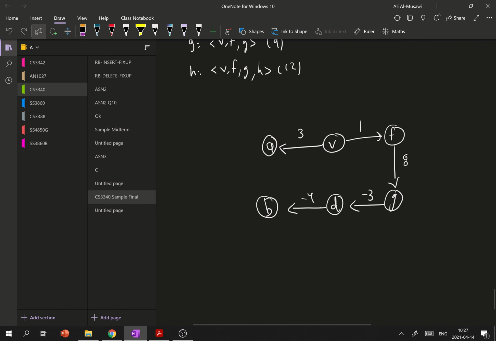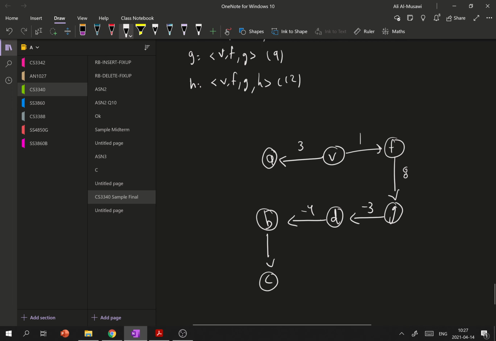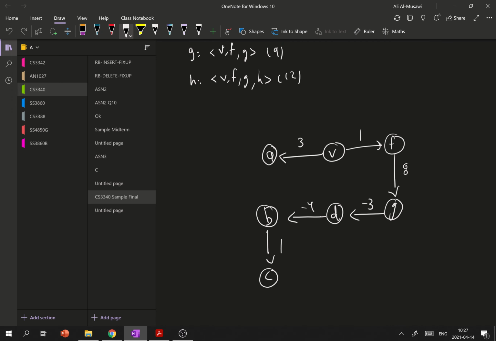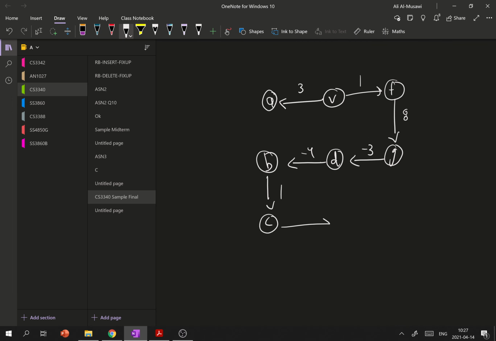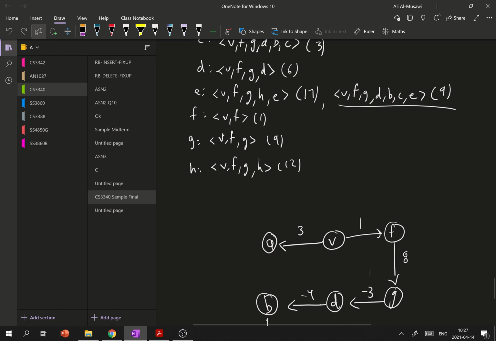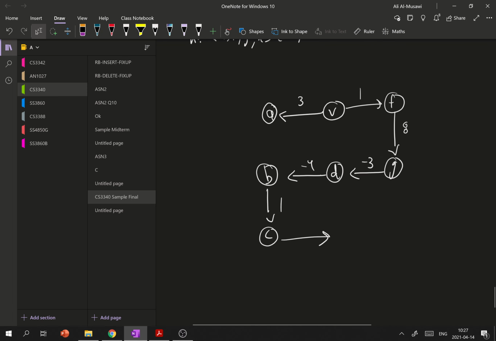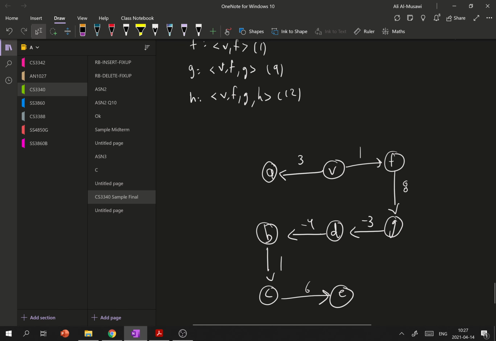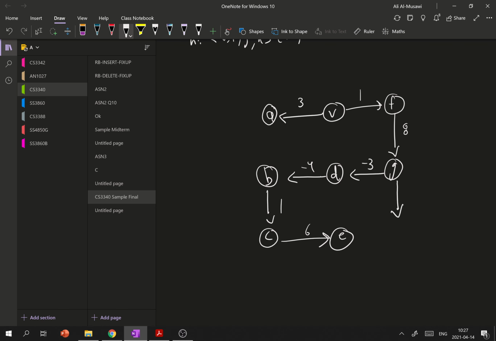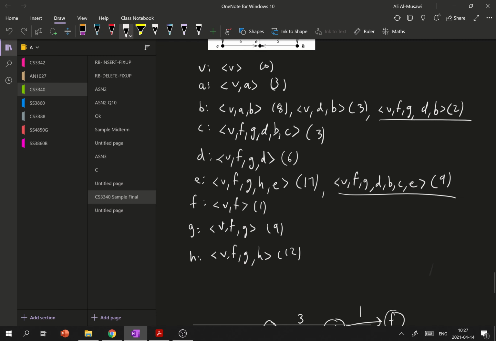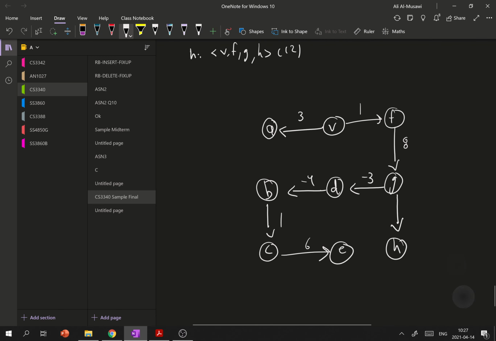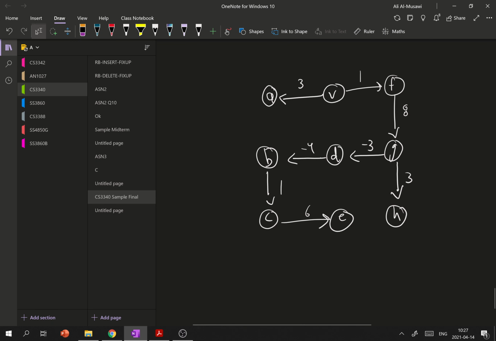For C, it's just here. And then for E, it is this, and then finally H. Okay, and this one has a cost of 3. So, okie doke. This completes our shortest path tree. I hope this was helpful.